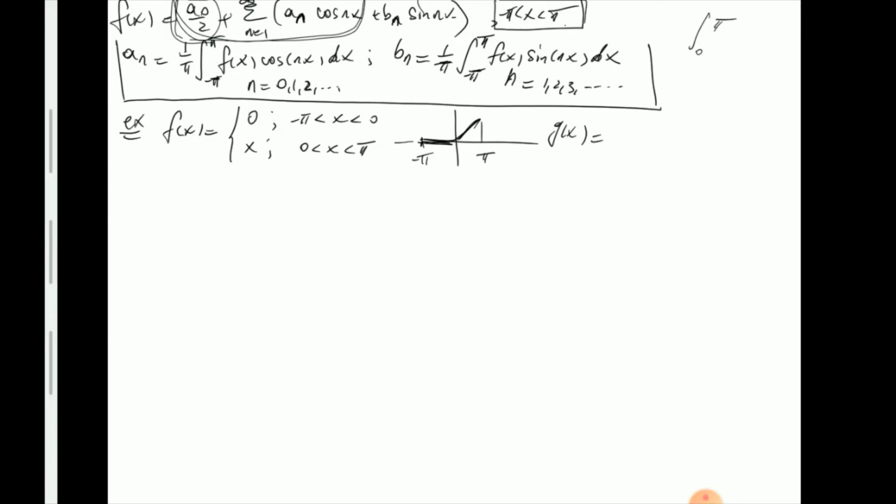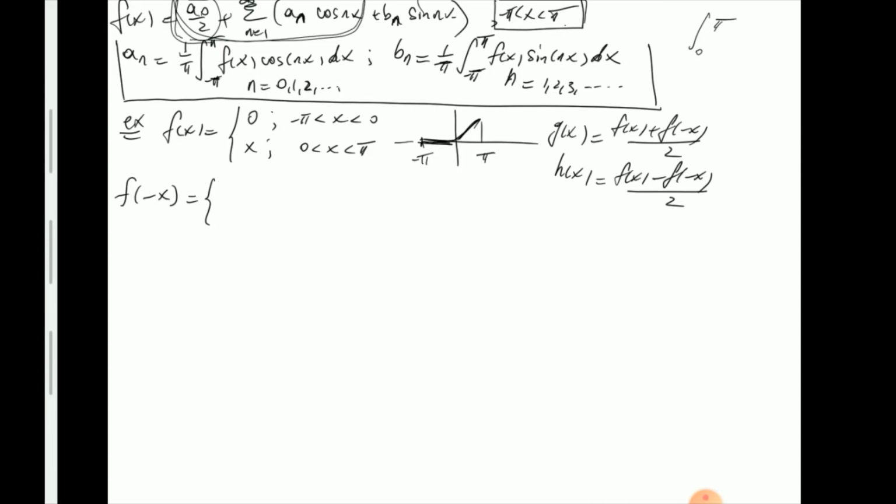So the even part, remember, is the semi-sum, f of x plus f of minus x over 2, and the odd part is the difference between the two over 2. In both cases you need f of minus x, so you need to compute f of minus x and then write it in the same manner as f of x, which will entail maybe interchanging the output of the function.